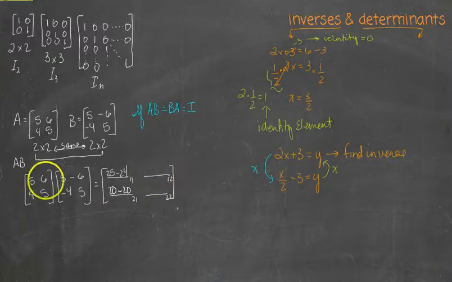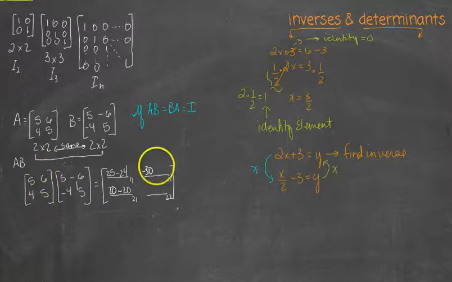Row 1, column 2. So 5 times negative 6 is negative 30, and 6 times 5 is positive 30. And now row 2, column 2. 4 times negative 6, negative 24, and 5 times 5 is plus 25.